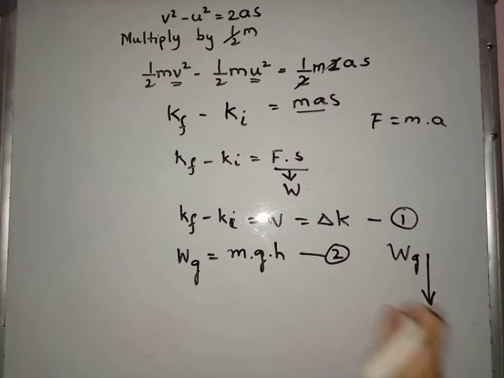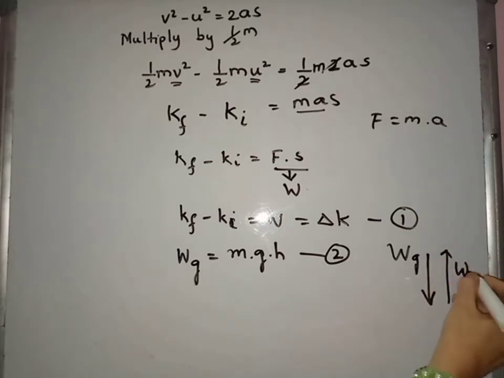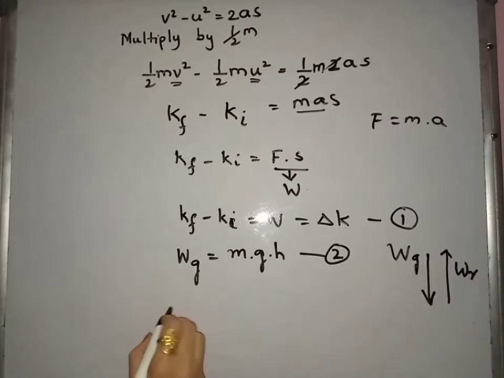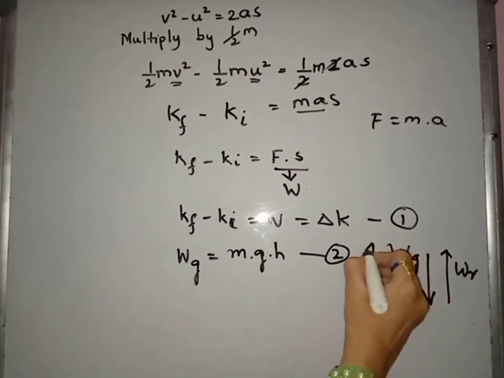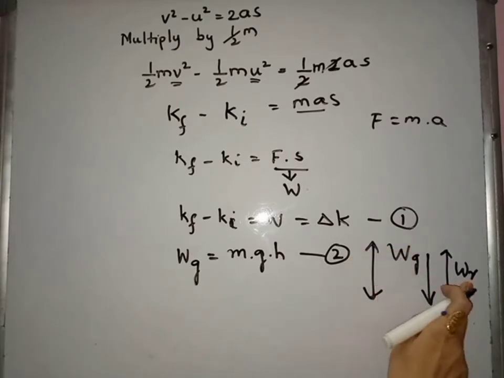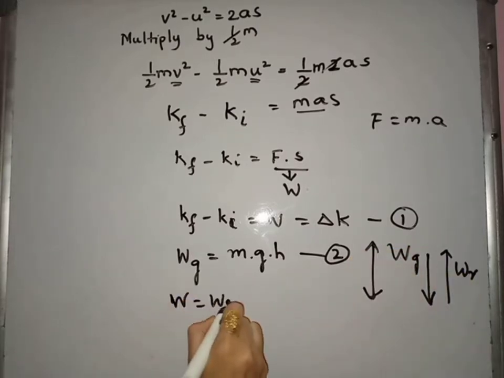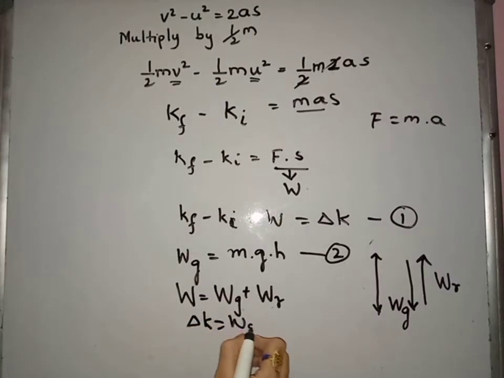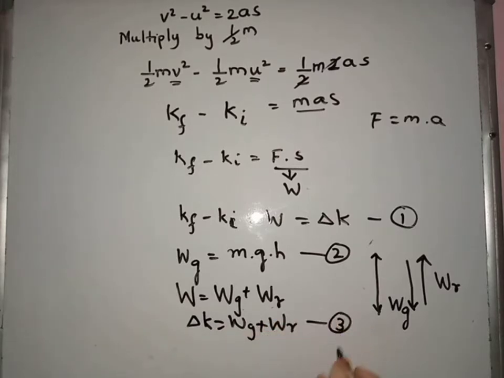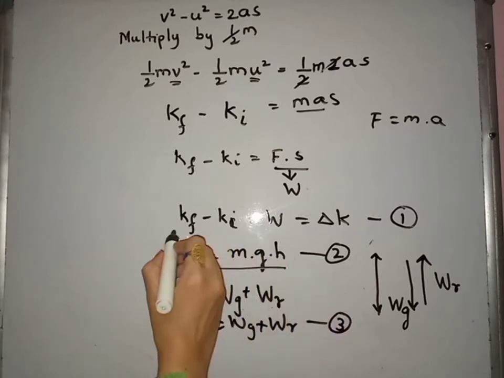Gravitational force acts downwards, which means there will be a resistive force which will act upwards. So, the total work will be gravitational work plus the resistive work. This we can also write as delta K is equal to Wg plus Wr. This is our third formula. So we have all our formulas now.